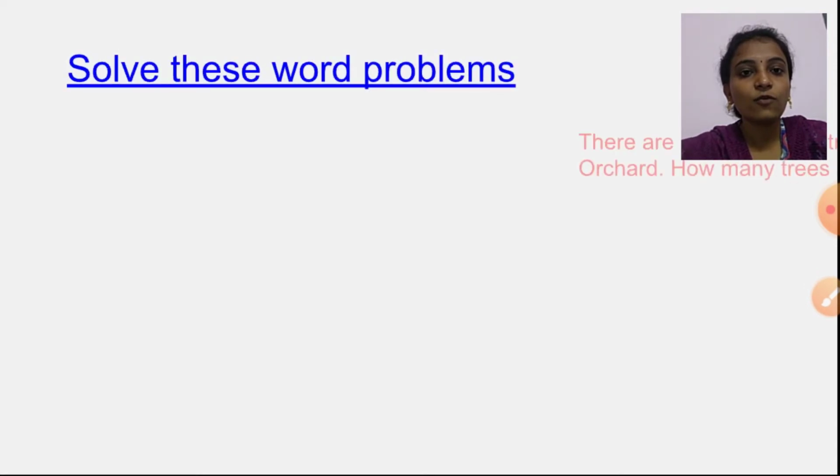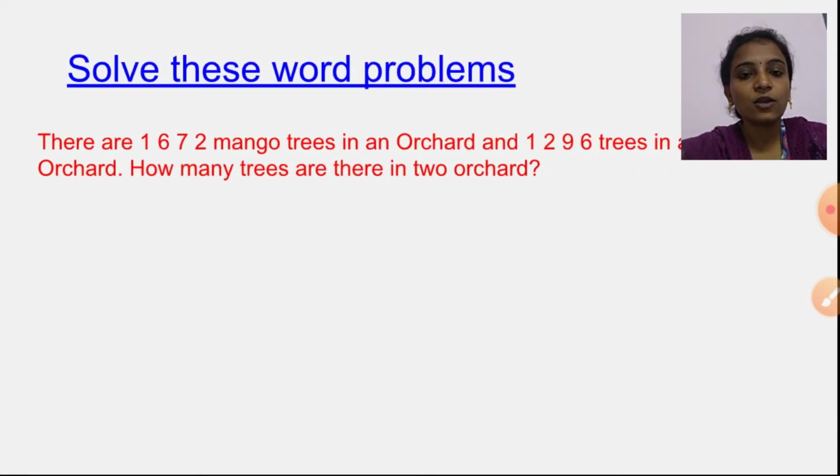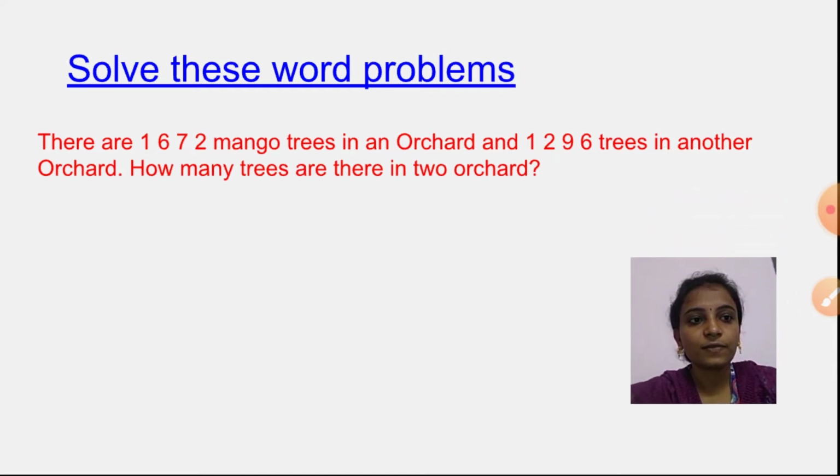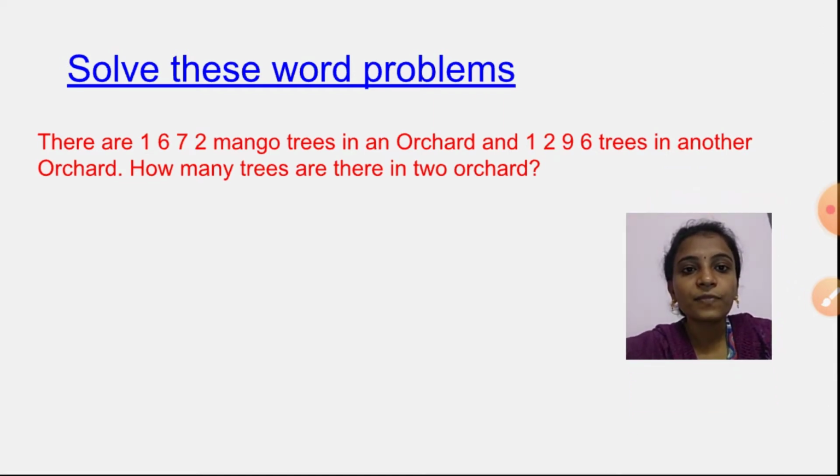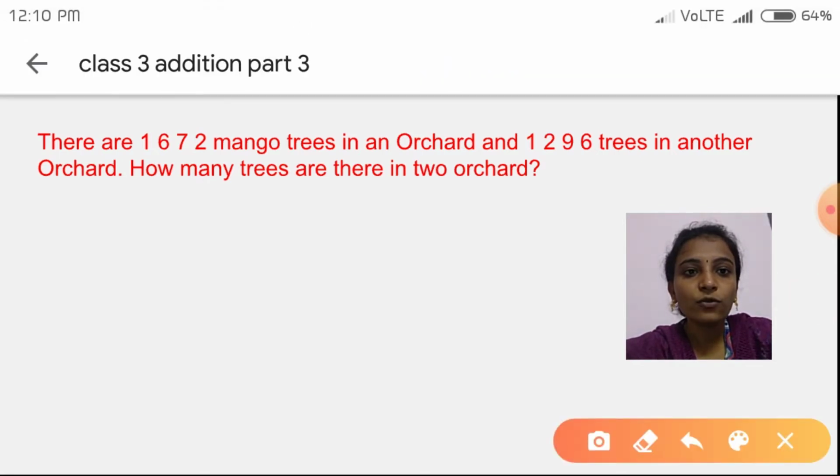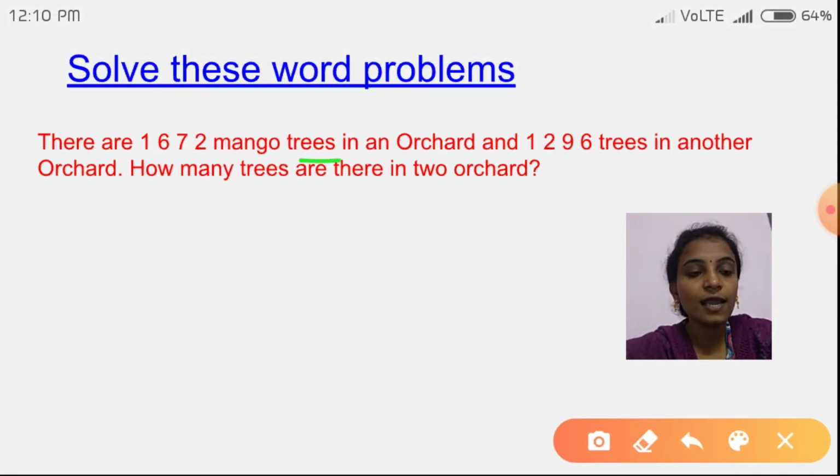Solve these word problems. So this is the question. There are 1672 mango trees in an orchard and 1296 trees in another orchard. Orchard means a big garden like that.